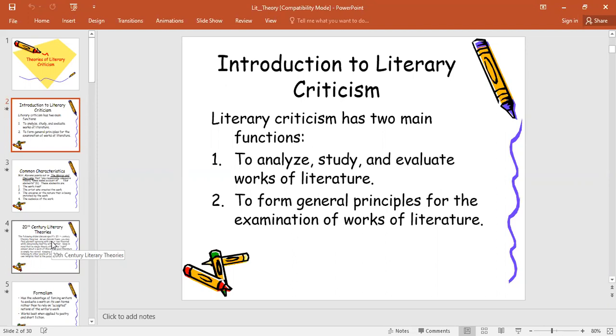And the second most important thing is that we will have to form certain principles in order to examine the works of literature. So these are the two functions of literary criticism.